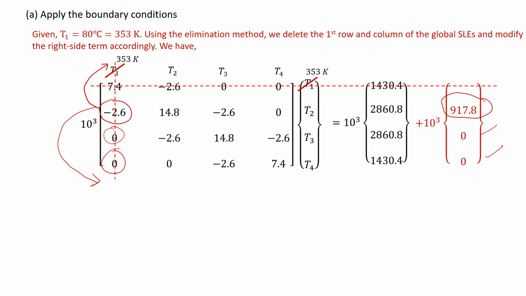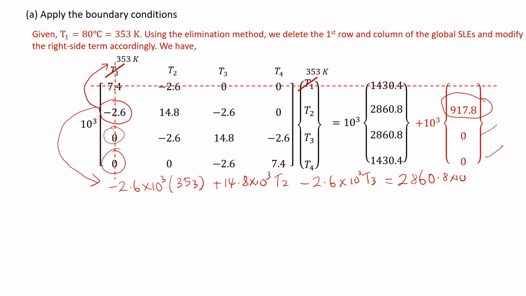We will have negative 2.6 kilo times T3 plus 14.8 kilo times T2 minus 2.6 kilo T3 equal 2860.8 times 10 power 3, or kilo.